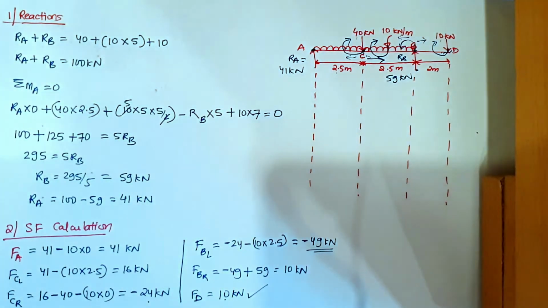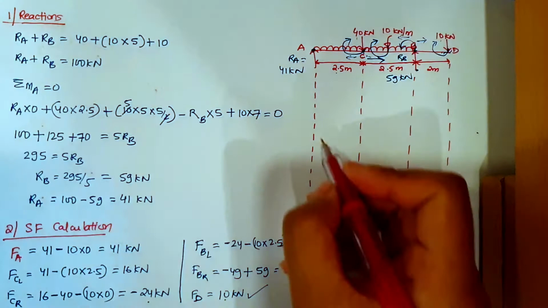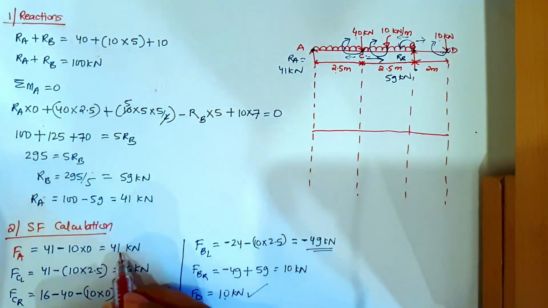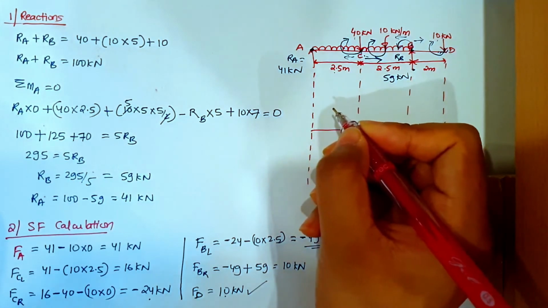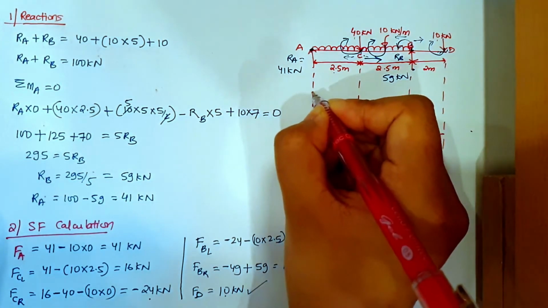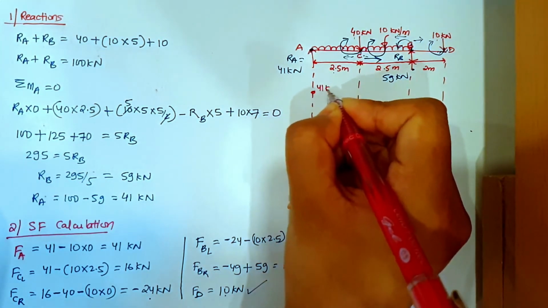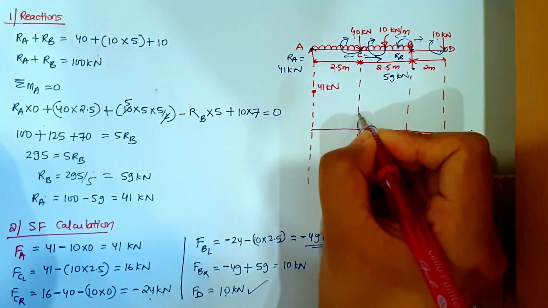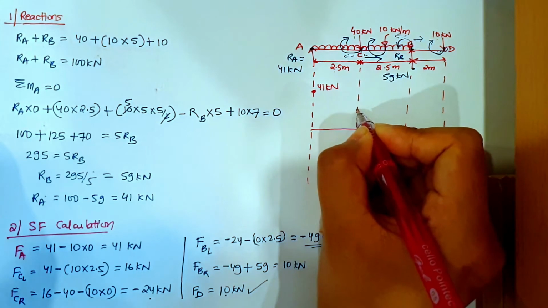So let us draw the shear force diagram. Right, A point पे 41 kilonewton, 41 kilonewton. C point पे it is decreasing, so 16 kilonewton.